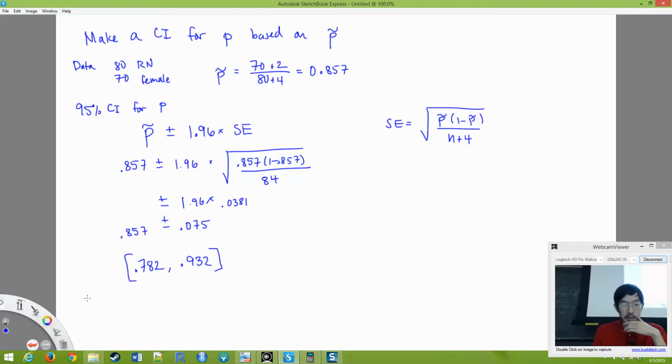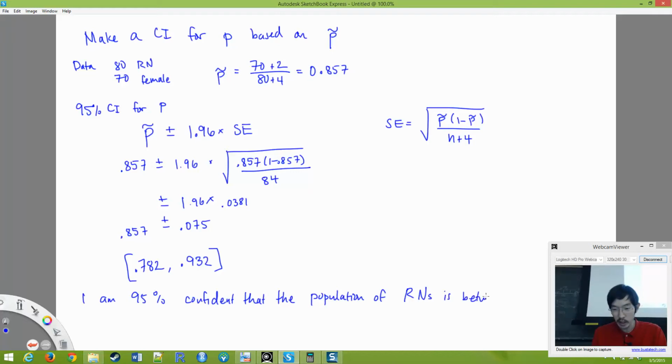And so we would say, I am 95% confident that the population of nurses, RNs, is between 0.782, or 78.2%, and 0.932 female.